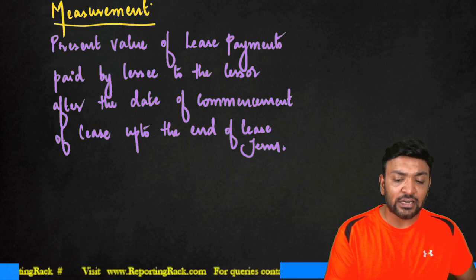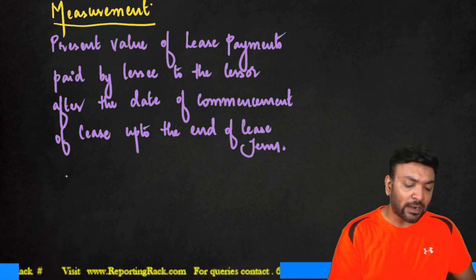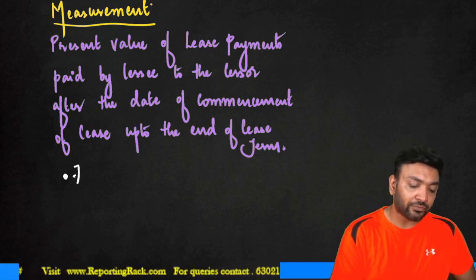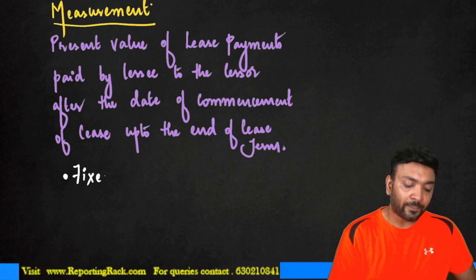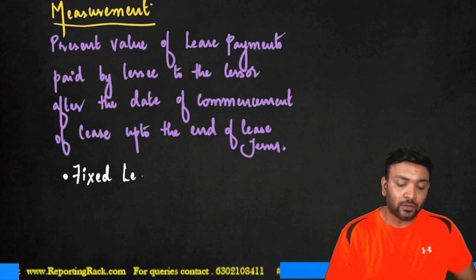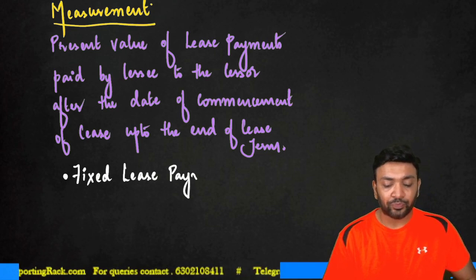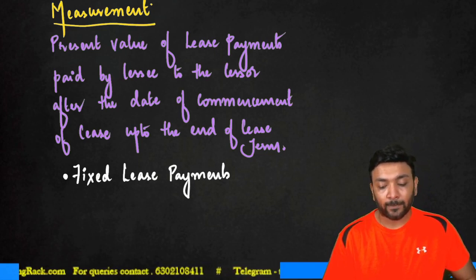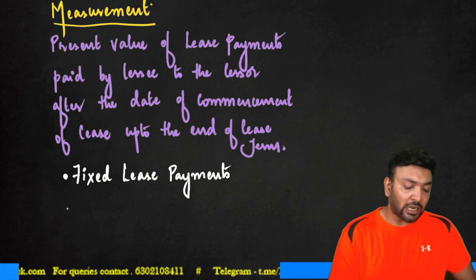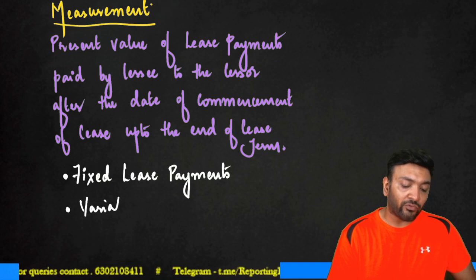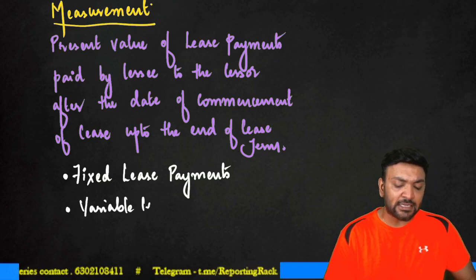So, particularly, it should include number 1, fixed lease payments. Number 2, variable lease payments.